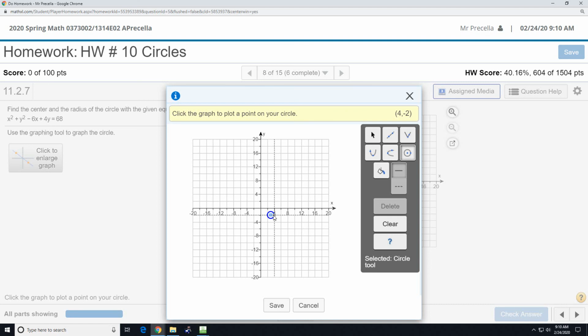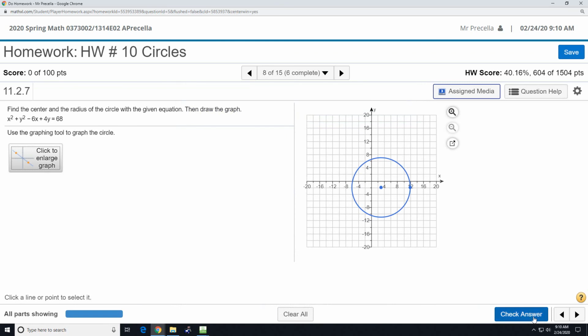So that's 1, 2, 3, 4, 5, 6, 7, 8, 9. Let me see. Did I move over 9? Well, I started at 3 on the x-axis. I move over to 9, so it should be at 12. So it's sort of hard to tell because each mark is 2 units.